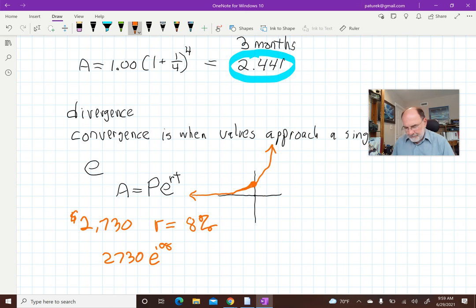Let's see if that works. So 2,730 times, on your calculator, if it's a TI model, it's second natural log, e to the 0.08 power, enter, and it says in 1 year you would have $2,957.37.